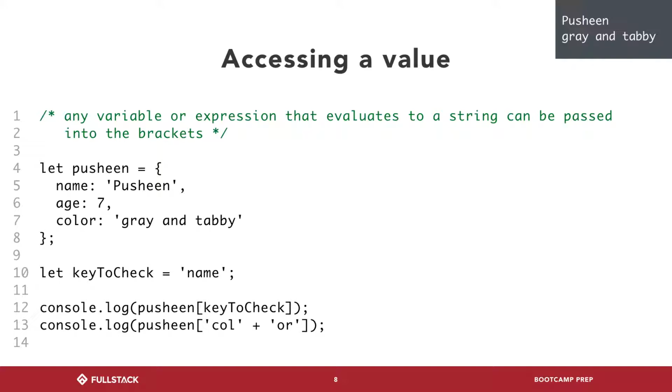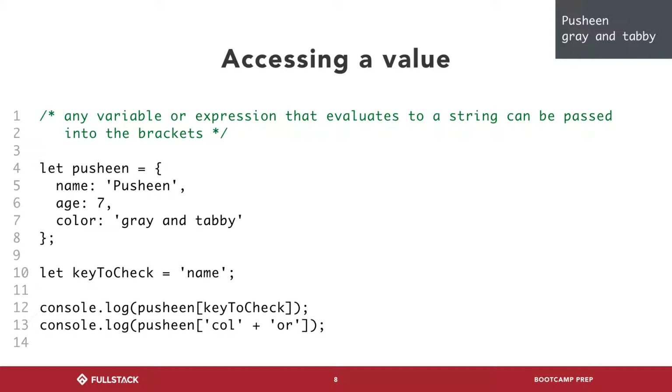I have an addition, this string plus this string. I shove them together and I get this string called color. I pass that into the square brackets, and now I know I'm looking for a key called color in the machine object. So that's why these are equally fair ways of accessing the object.